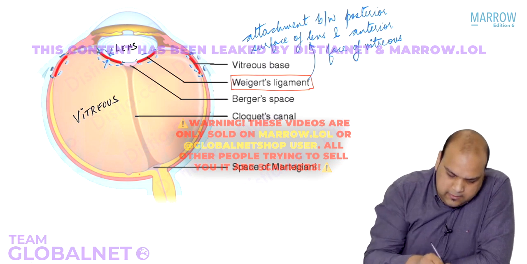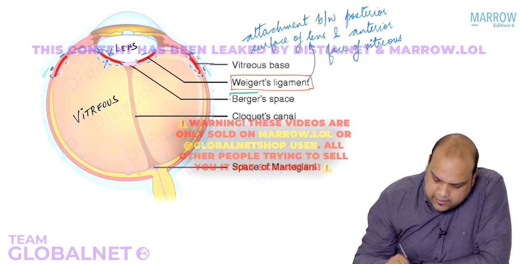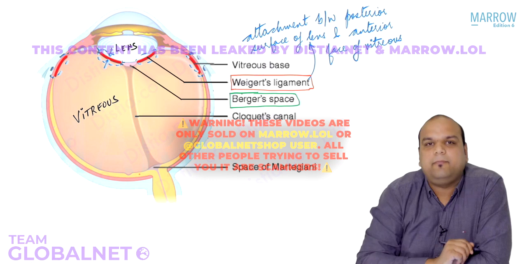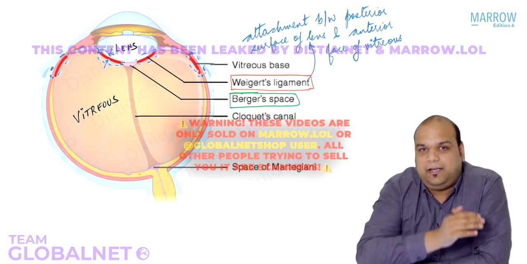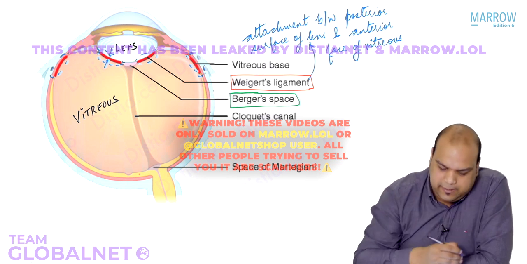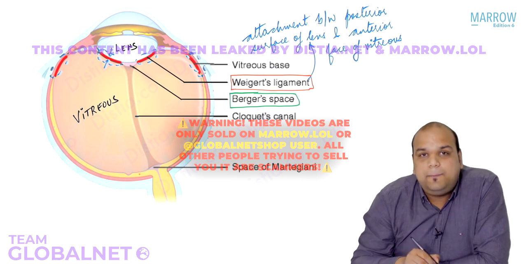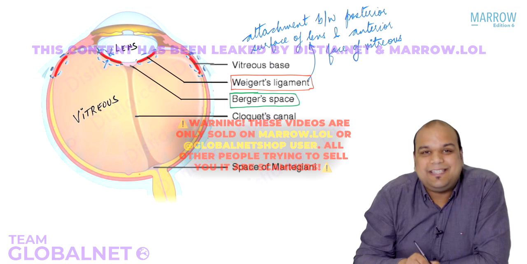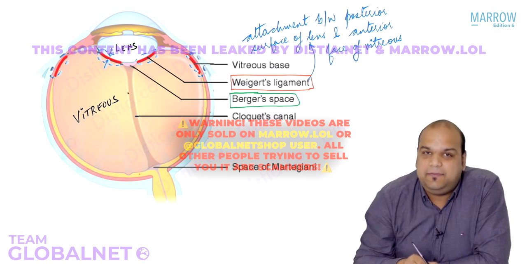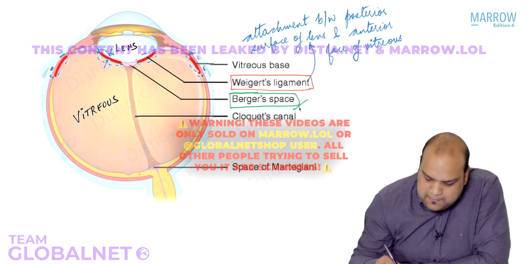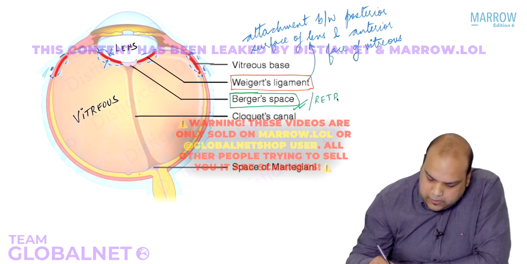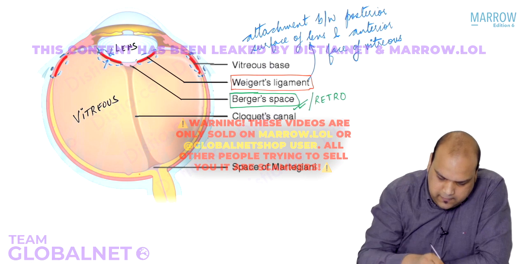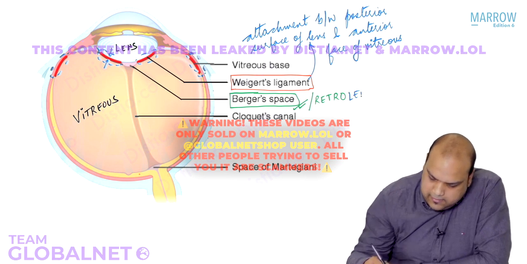Now, the next structure that we see marked here is Berger's space. Due to the shape of the vitreous and the shape of the lens, there is a small potential space, which I am marking with green dots now, left between the lens and the vitreous, and this space is called Berger's space, or I can call it retrolental space.